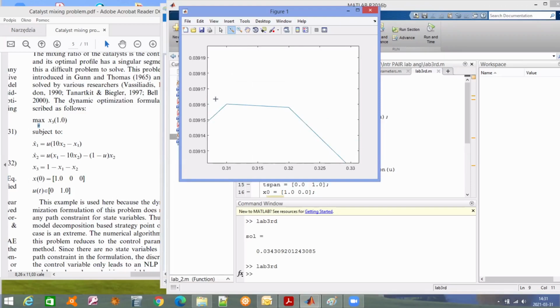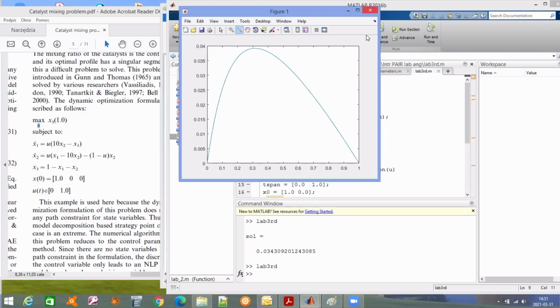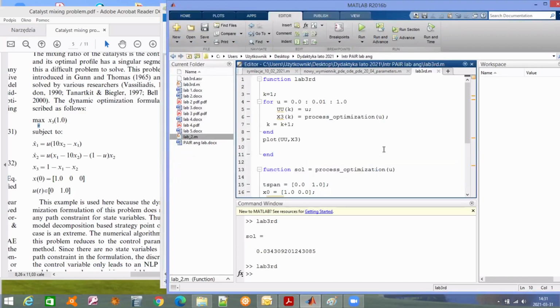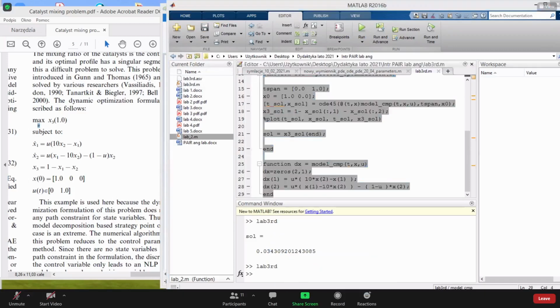Oh, this point. So this is our work for today.